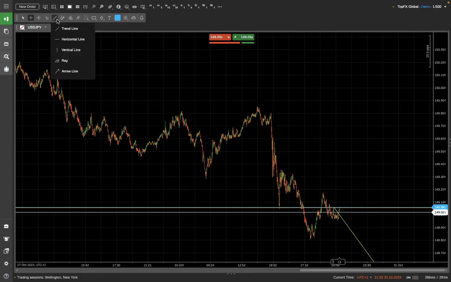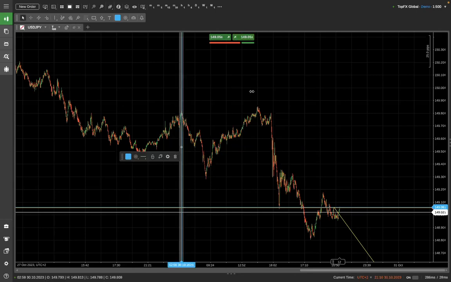We can mark it without any problems using the vertical line. There you go. So that's the beginning of the day. So you can even do some kind of trading using the daily when you are a day trader. You can use this kind of analysis if you don't want to leave the trades overnight.